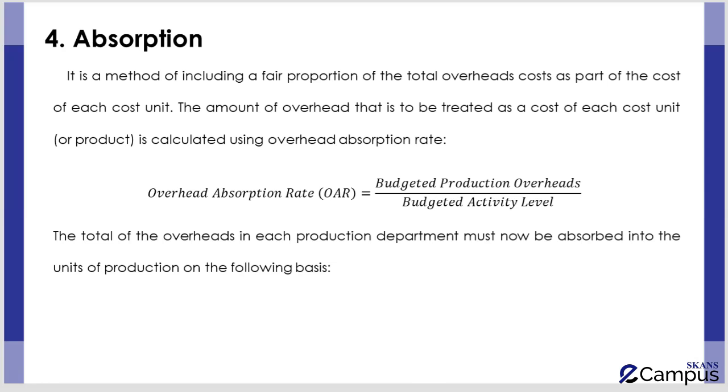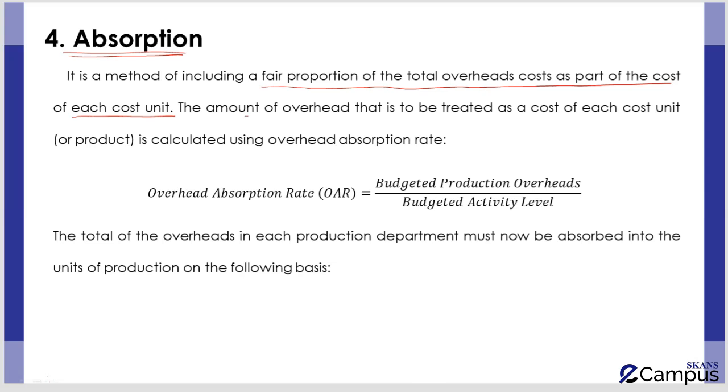So in the fourth element, absorption, what we are going to do is convert the total overhead cost into the unit cost. The method includes a fair proportion of the total overhead cost as part of the cost of each cost unit. What does it mean? It means we are converting overheads from total to unit charge.